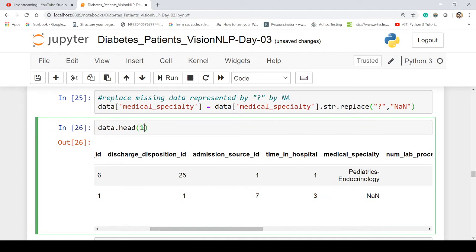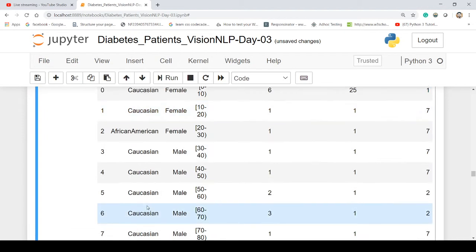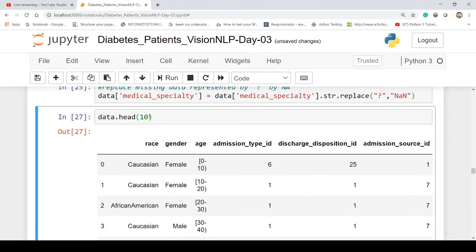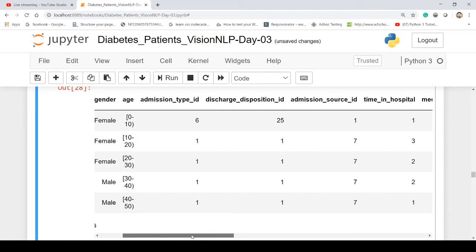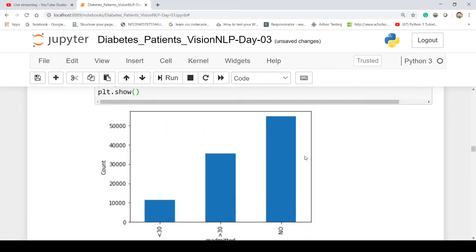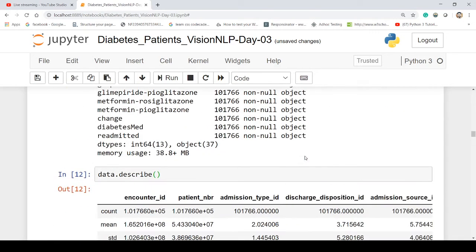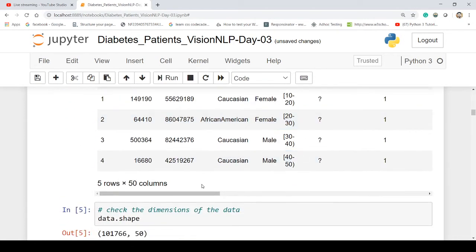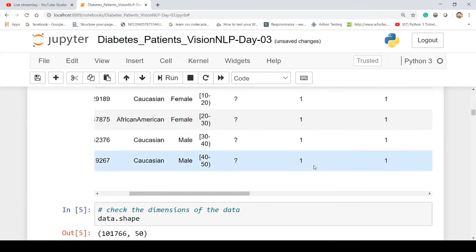It will make more sense if I see it this way. Maybe not 10, 10 is again a huge number. Let's say 5. Yeah, medical specialty has a lot of NaN. Earlier it was question mark. I was just telling you how the pre-processing works, because last time I wasn't able to show you perfectly because of some technical glitch.